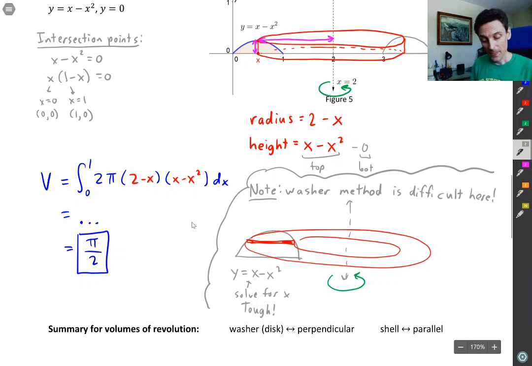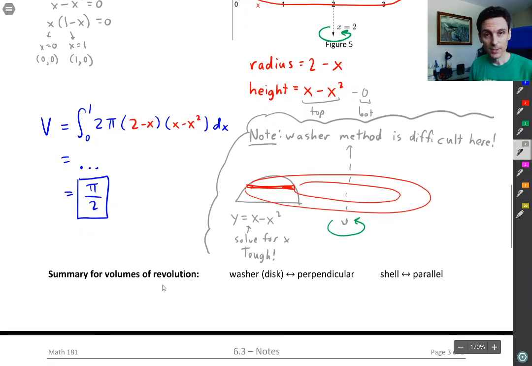So in summary, for volumes of revolution, the disk/washer method and the shell method are only talking about volumes of revolution.